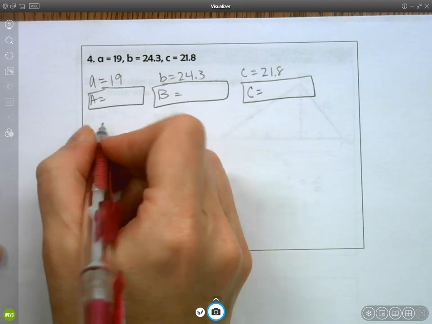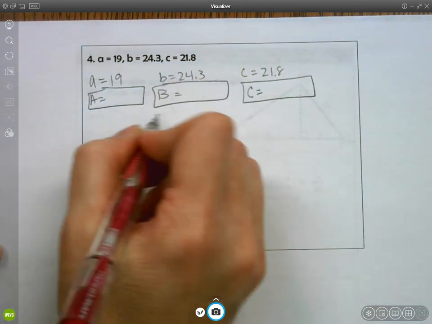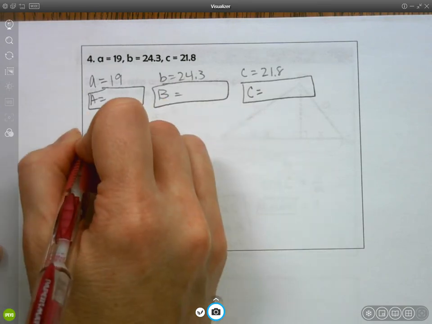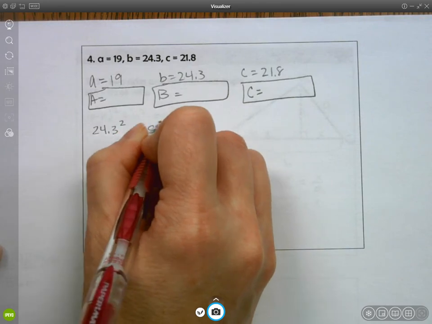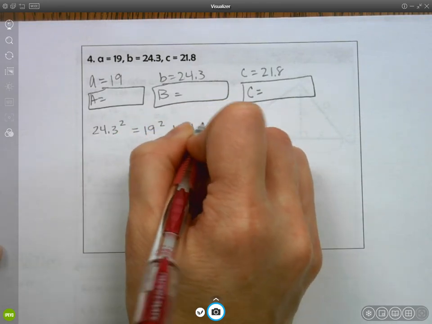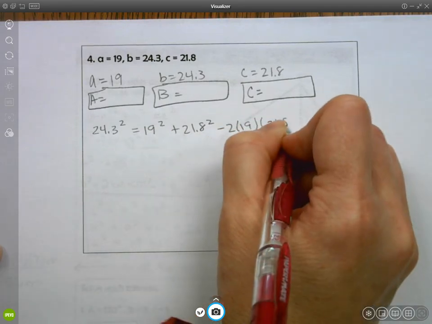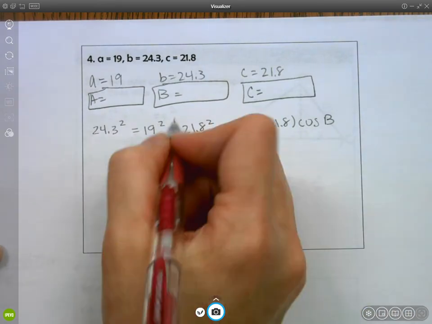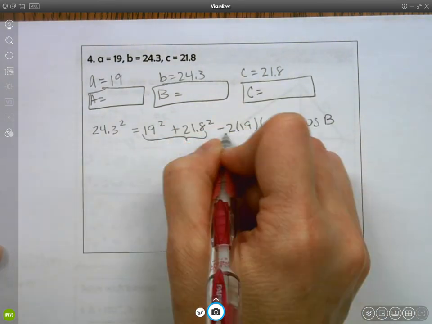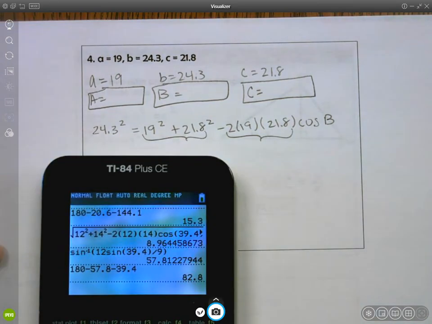Alright, so when I use a law of cosines, let's find the biggest angle. So biggest side is B, so we'll say 24.3 squared equals 19 squared plus 21.8 squared minus 2 times 19 times 21.8 cosine of B. Alright, so we're going to figure out this, and we're going to square 24.3.